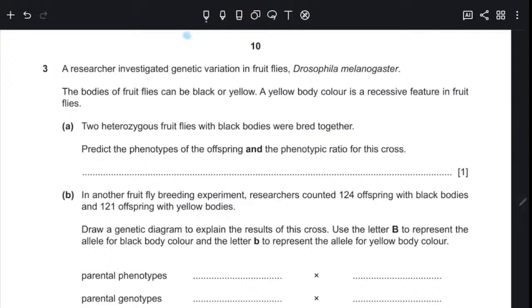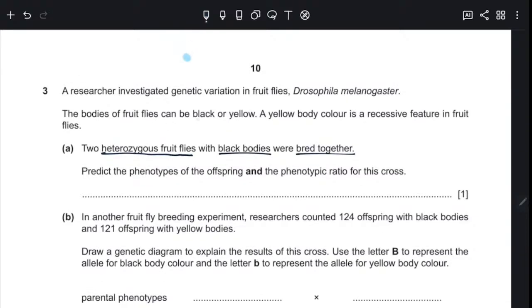So here they are saying, two heterozygous fruit flies with black bodies were bred together. The bodies of fruit flies can be black or yellow. So let's say B for black, y for yellow. A yellow body is recessive, so y will be a small letter, B will be big, B is dominant, and y is recessive.